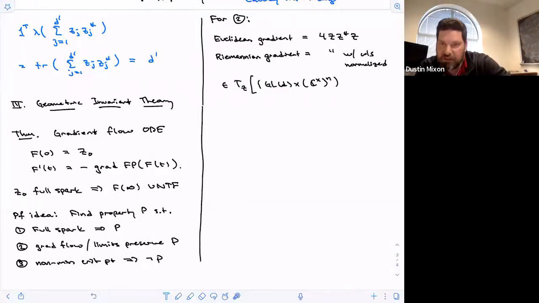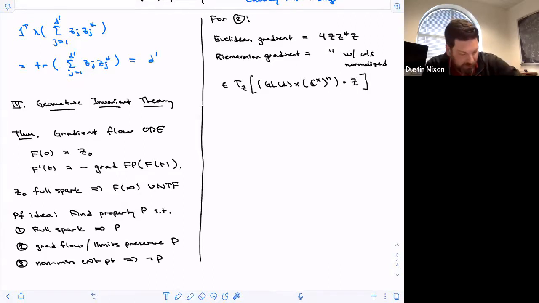GL of D is acting on the left of Z, and then these scalars are acting on the right. We're multiplying each column of Z by its own invertible complex number. This creates an orbit of Z, and the Riemannian gradient is pointing in the tangent space to this orbit.